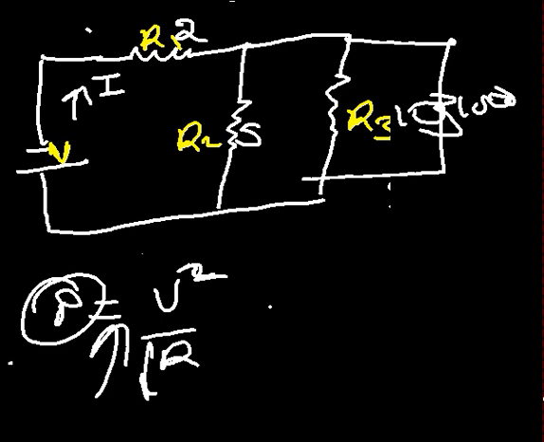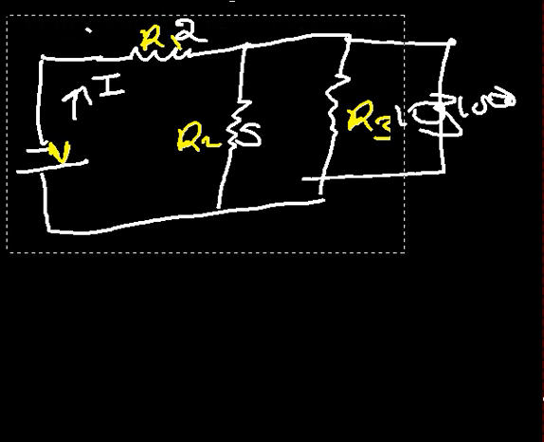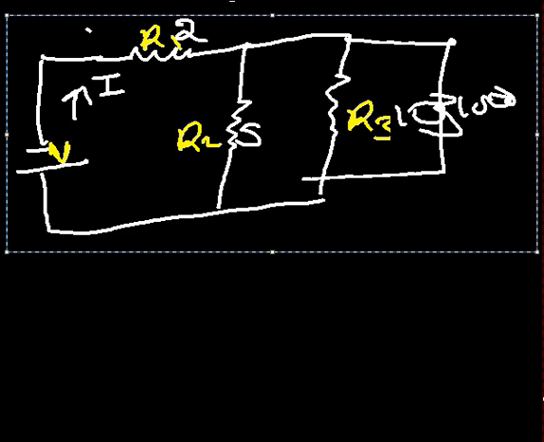So in a parallel circuit the power always increases, while in a series circuit the power decreases, because in a series circuit we increase the opposition to the flow of current, whereas in the parallel circuit we decrease the total resistance, making the power increase.